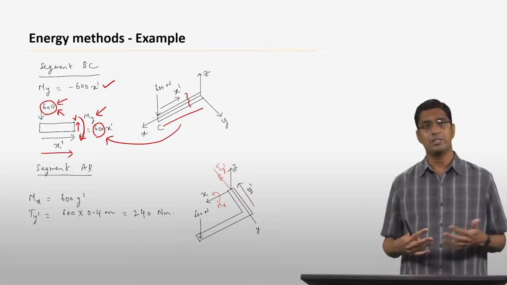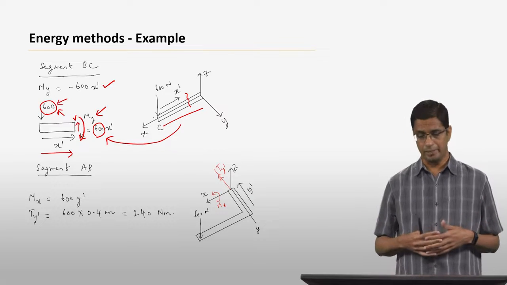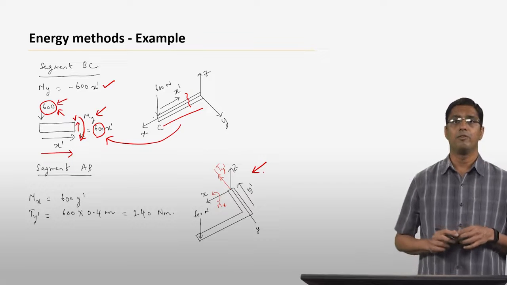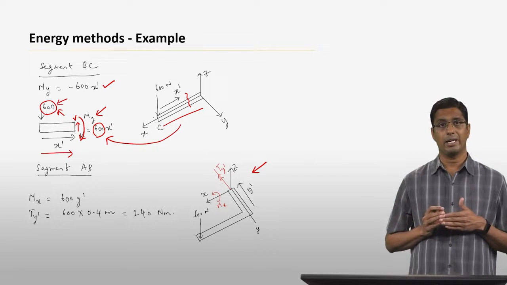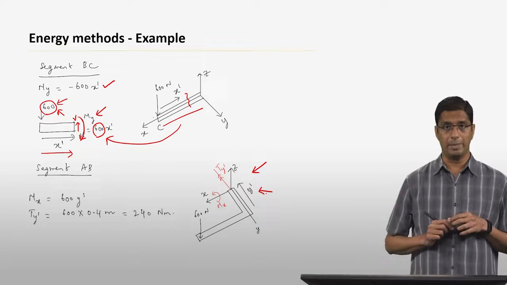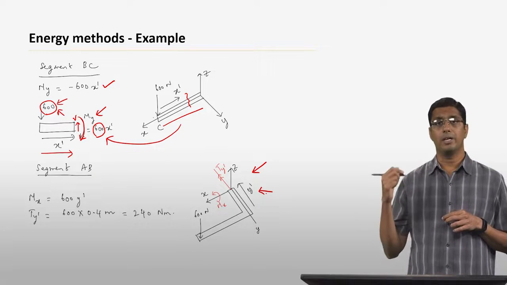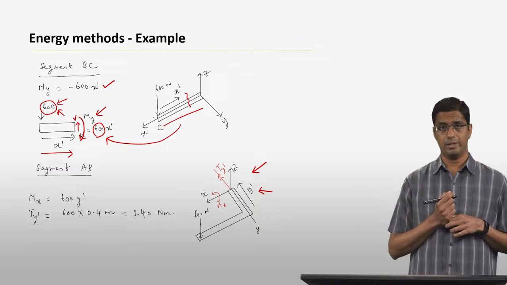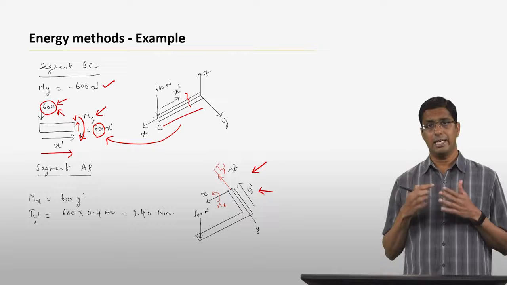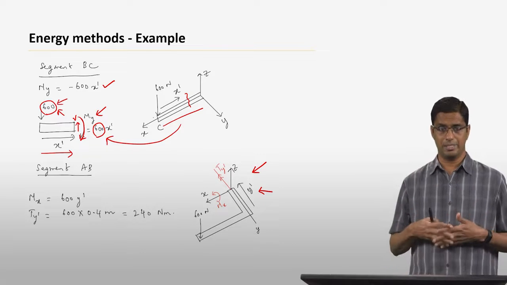Now let's look at the segment AB. What I have done here is draw the free body diagram for the segment AB. Here again, I have used the local coordinate y prime, which goes in the opposite direction to y, because it makes the moment function a little bit simpler.